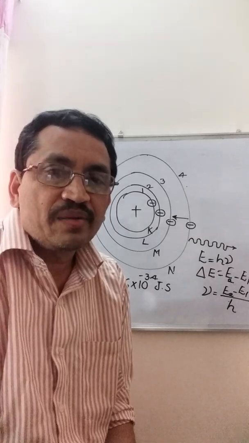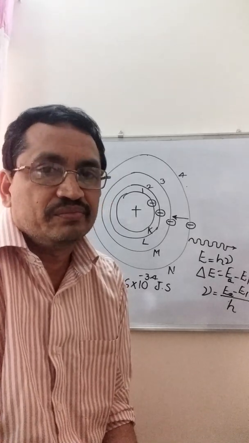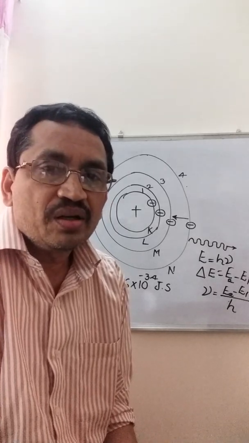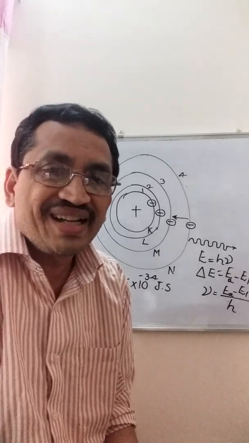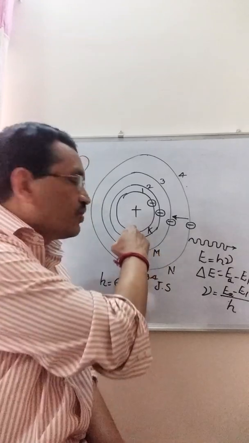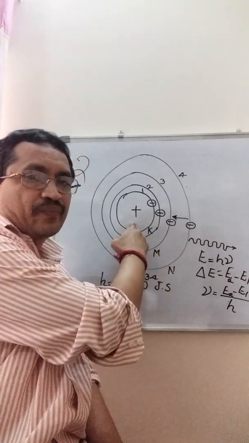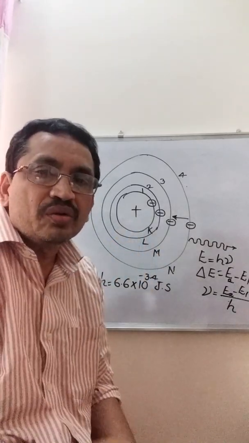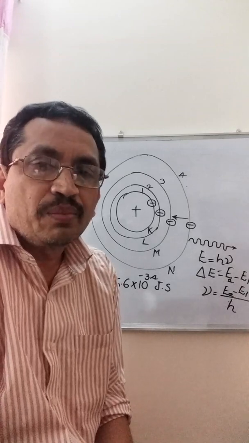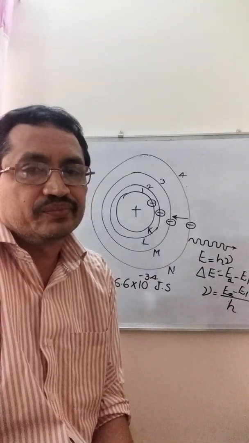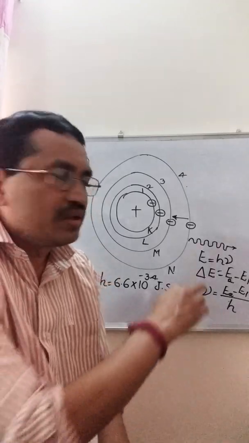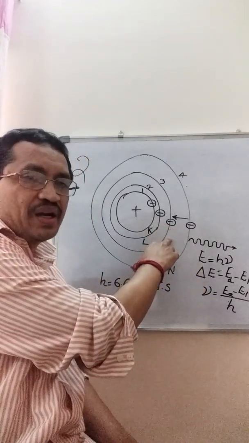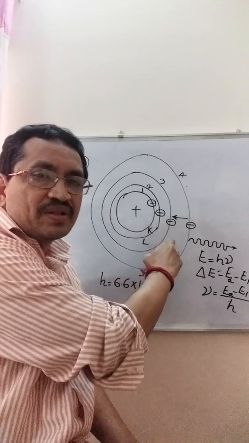We know the atom is electrically neutral, meaning the total positive charge, which resides in the central region here called the nucleus, is due to the protons, and it is balanced by electrons, which are shown here in the form of circular orbits.